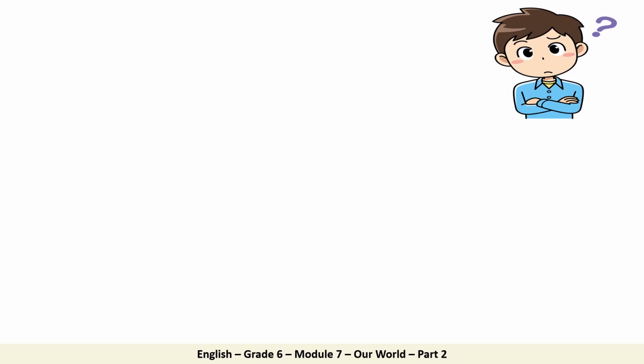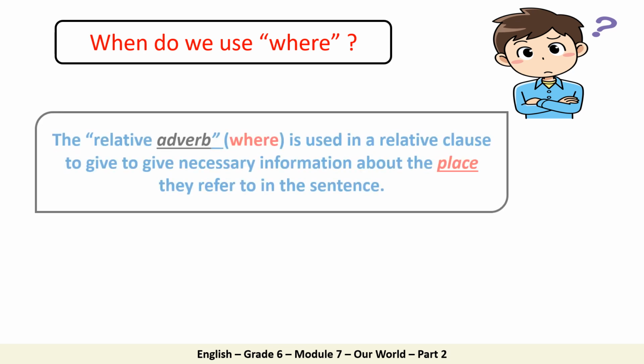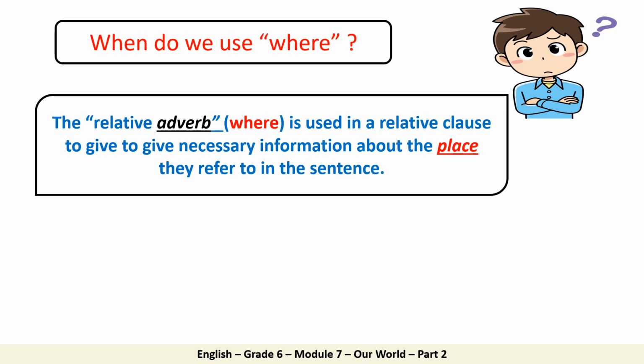So this leads us to this question. When do we use where? I'll tell you. The relative adverb where is used in a relative clause to give us necessary information about the place they refer to in a sentence.